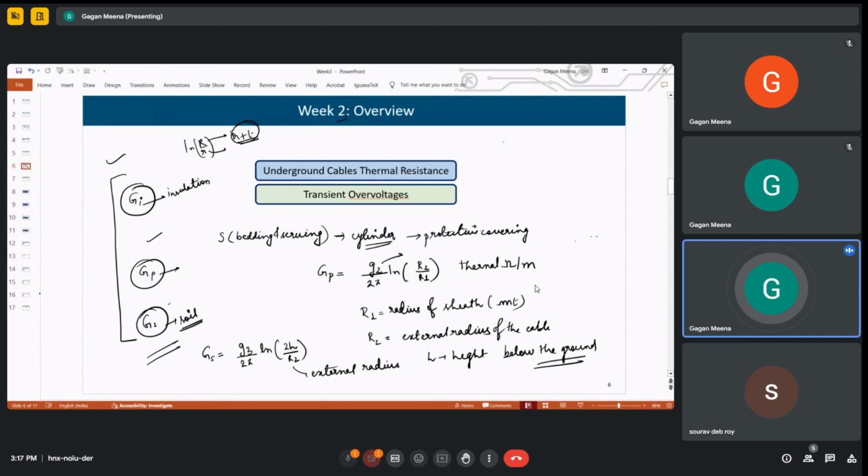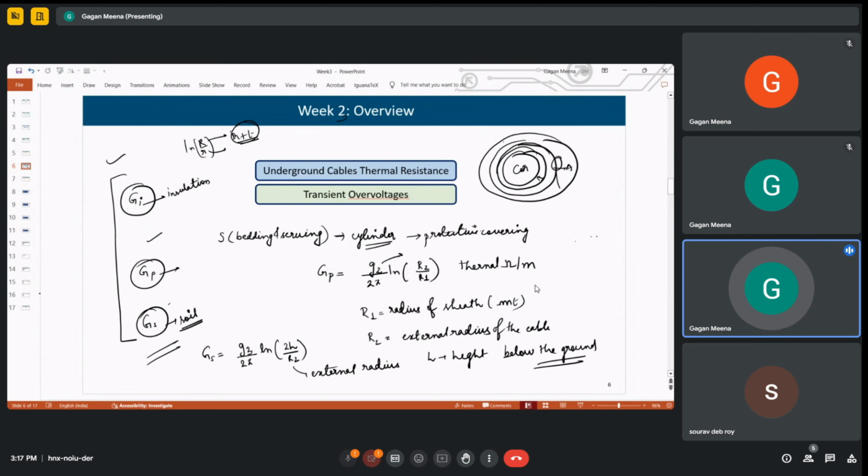And the thermal resistance for armor is neglected. As we saw last time, we have the conductor, above the conductor is the insulation, above which is the sheath, above it was armor, and above the armor was the protective covering.